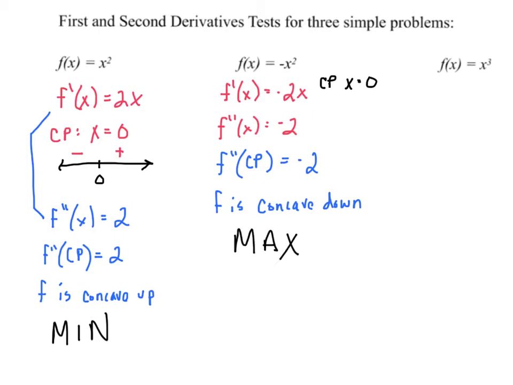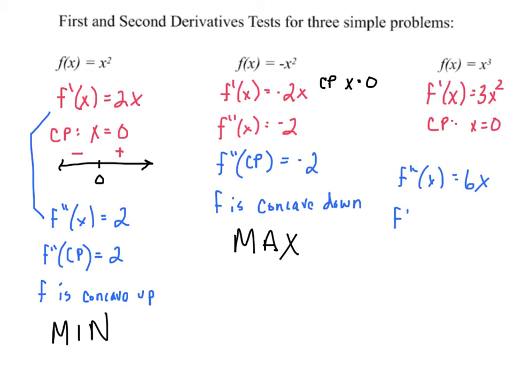Okay. Now the last one, x cubed. Well, here, the derivative, of course, is 3x squared. So the critical point is at x equals 0. The second derivative is 6x.